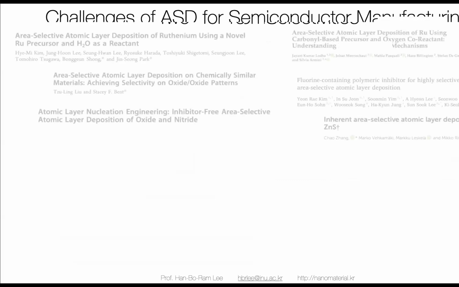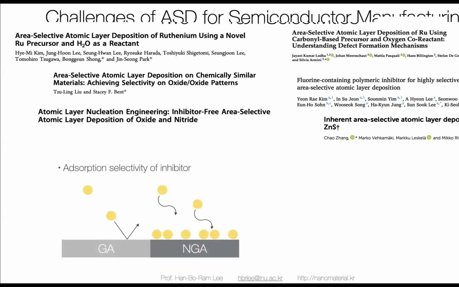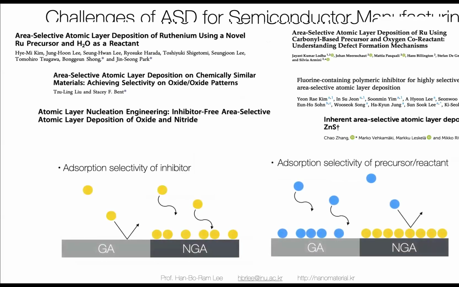I have a few slides to introduce our research group's recent approach, how we can screen the inhibitor and precursor very fast. As you can see, in all of the ASD processes, there are two different selectivities. Two different selectivities means adsorption selectivity of the inhibitor or adsorption selectivity of the precursor or reactant.